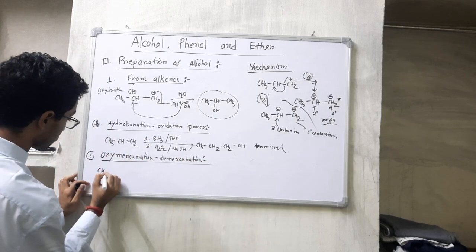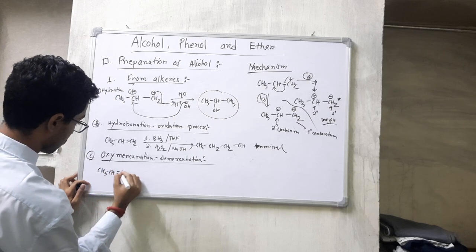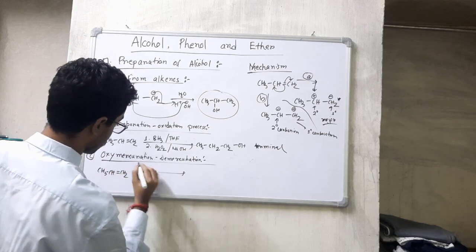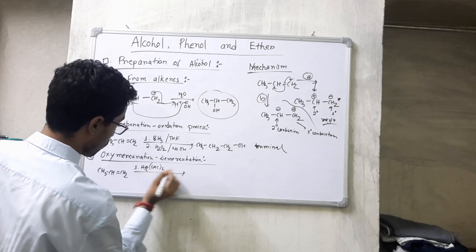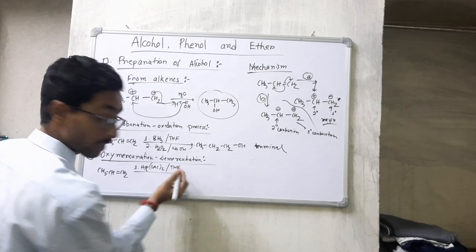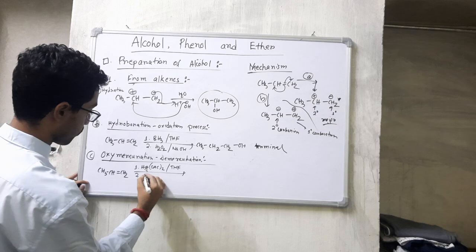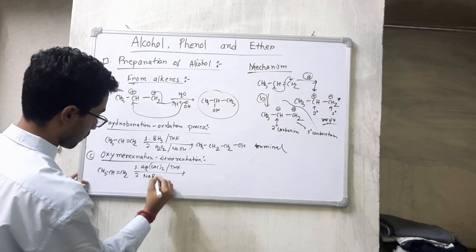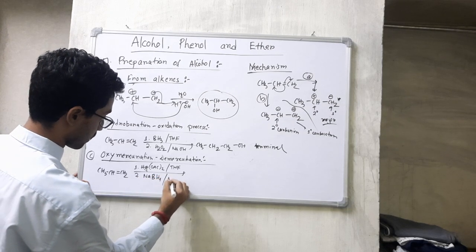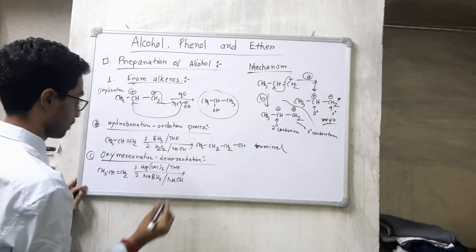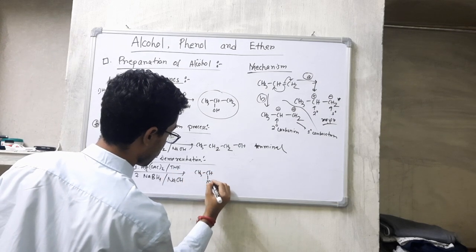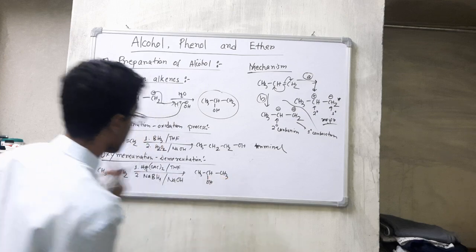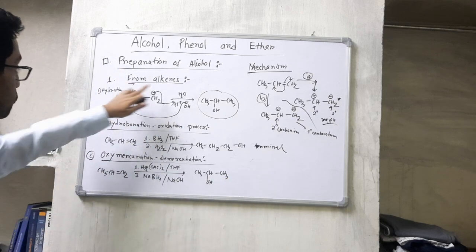The same substrate is there. The reagent is Hg(OAc)2, and also THF as a solvent. Then number 2 is NaBH4 and NaOH. Then here we get a non-terminal alcohol.